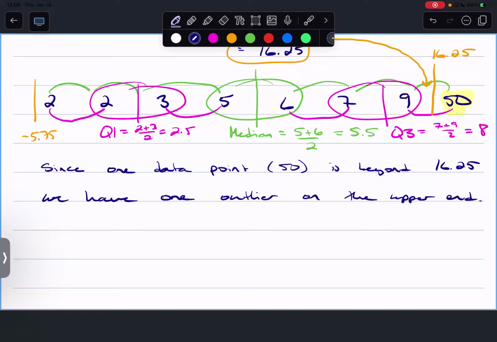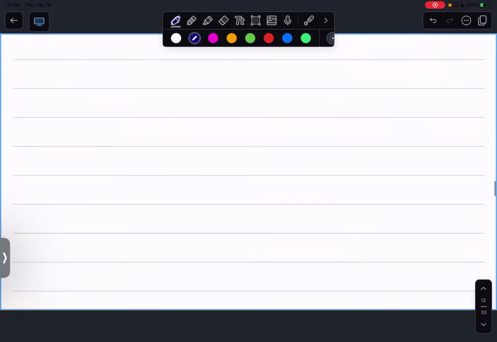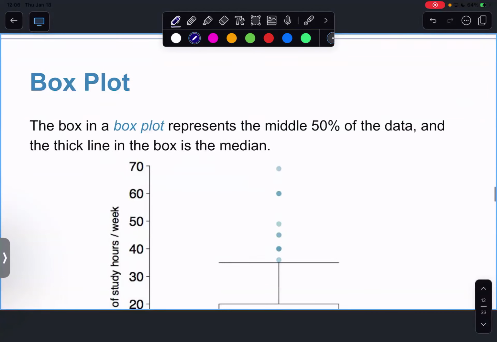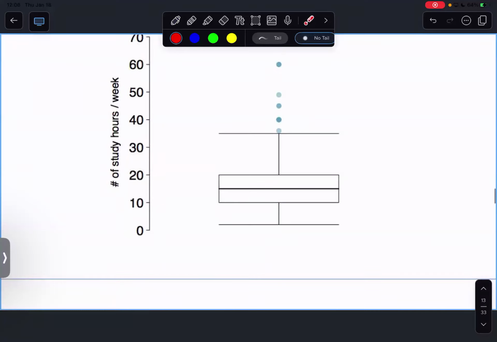So like we were saying, the distances between these quartiles in the 5-number summary, we could spend quite a bit of time thinking about what that distribution would look like. Or often what we do is we visualize the distribution with a box plot. And a box plot looks like this.